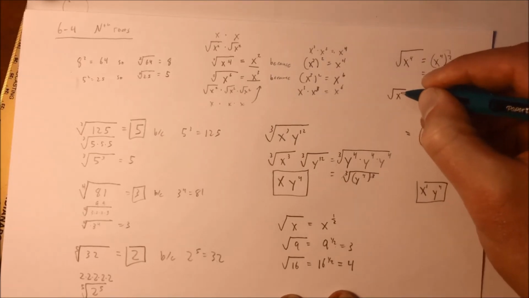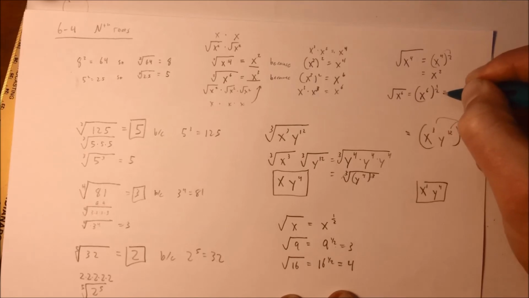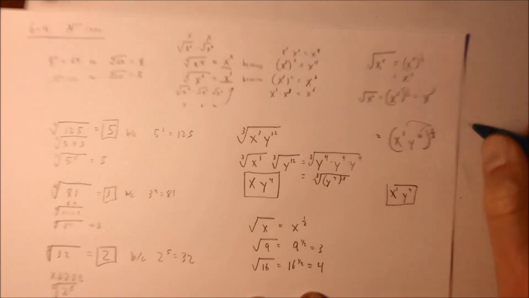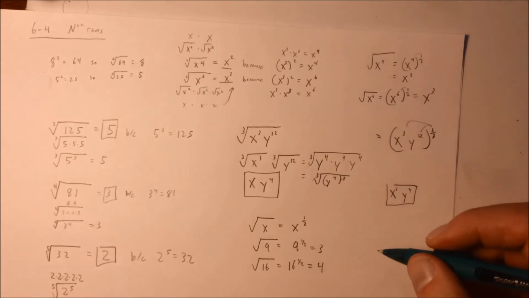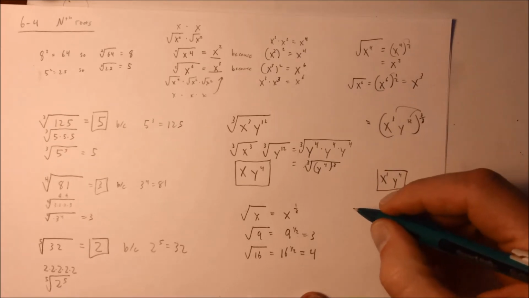Square root of x to the 6th, I can rewrite this as x to the 6th raised to the 1/2. That would give me x cubed when I multiply those. Oops, sorry about that. So that's another way you can rewrite these. Giving you a slightly different problem here.